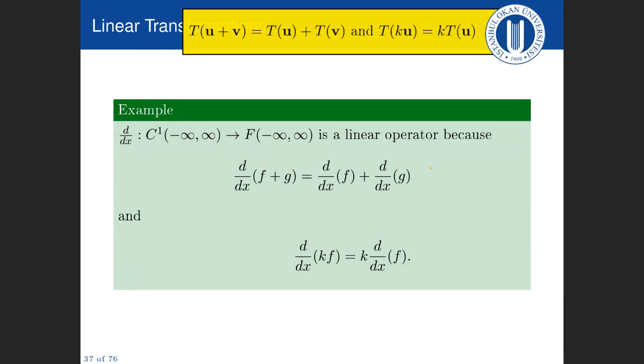Because we have the sum rule for derivatives and we have the constant multiple rule for derivatives. We remember these from Calculus 1. So d/dx is a linear transformation, because we have two different vector spaces.